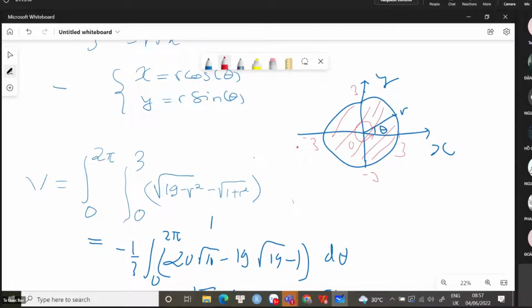Understand? Yeah. So sometimes if you consider only the half circle, then theta should be from 0 to pi, or sometimes only this part, and then theta from 0 to pi over 2. So in this case, because we consider the whole circle.